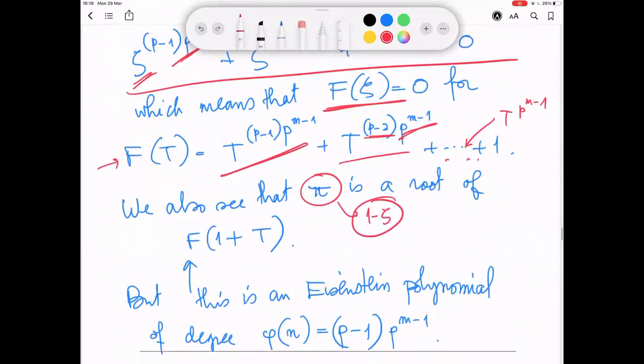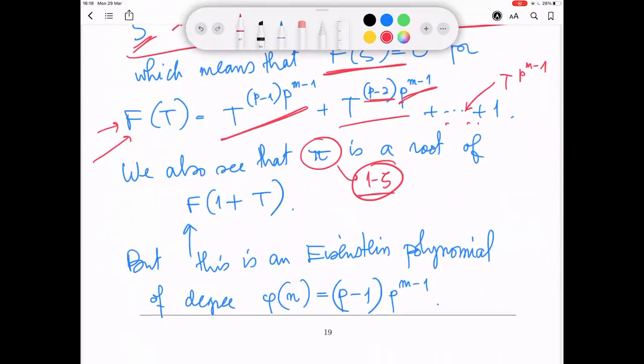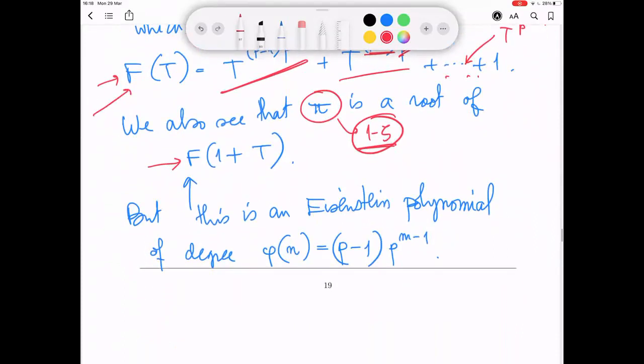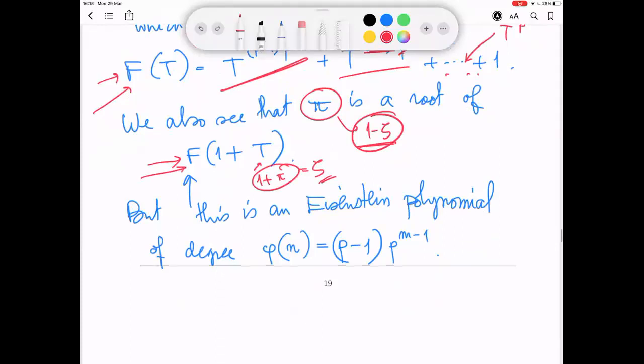So because zeta is a root of this polynomial f, pi, which is 1 minus zeta, is going to be a root of this polynomial f of 1 plus t, right? Because if I put t equal to pi here, then I get 1 plus pi, which is equal to zeta, and f of zeta is 0. So pi is a root of this polynomial f of 1 plus t.